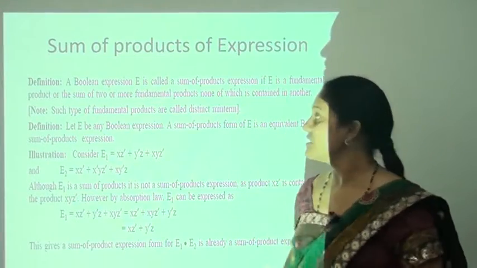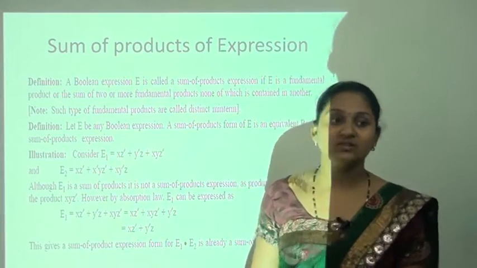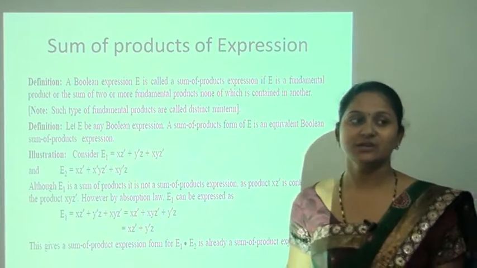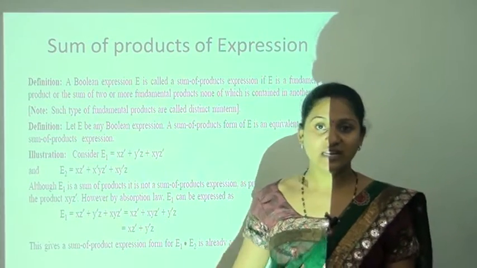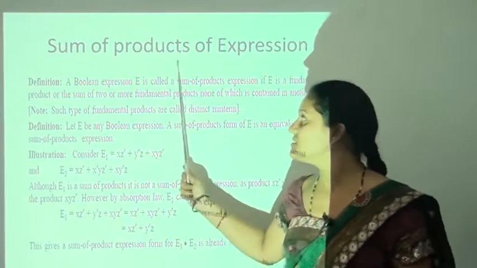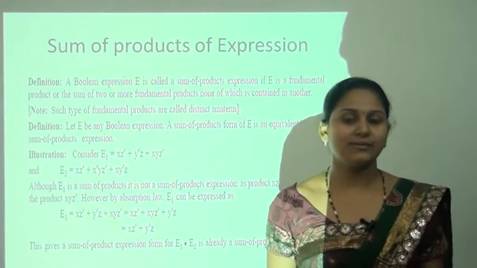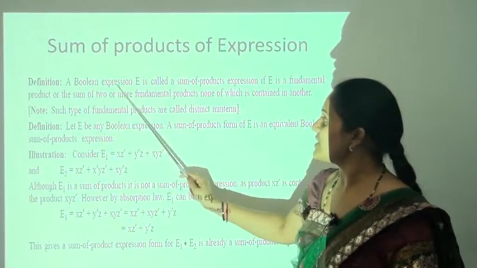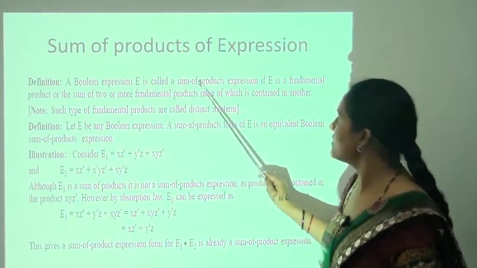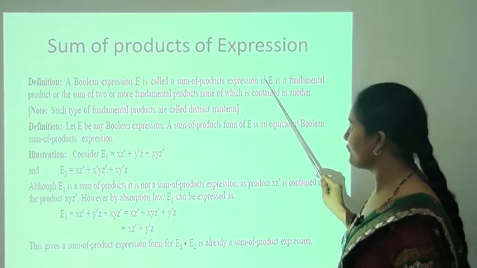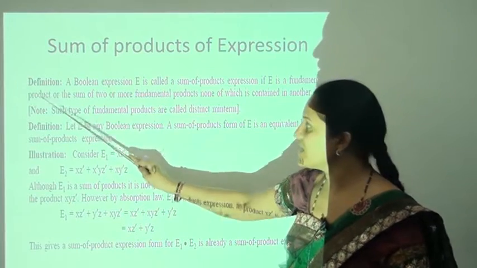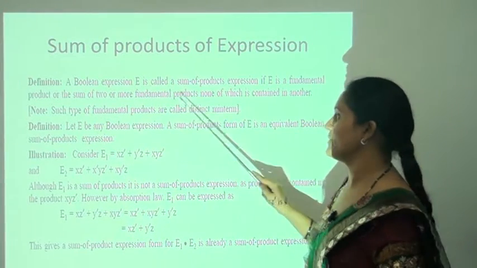So now, here I have discussed these three laws that we will use in the sum of products expression. For this, the definition is: a Boolean expression E is called a sum of products expression if E is a fundamental product, we know what a fundamental product is, or a sum of two or more fundamental products.